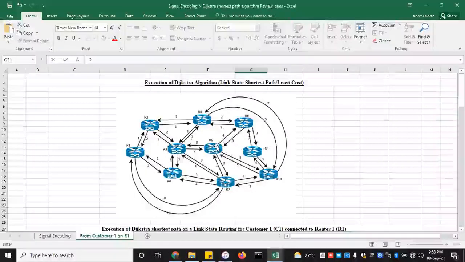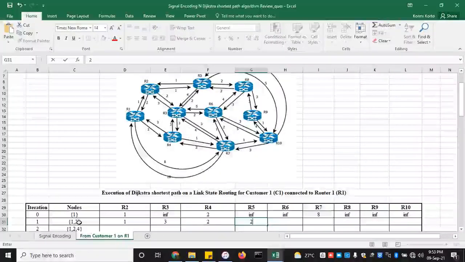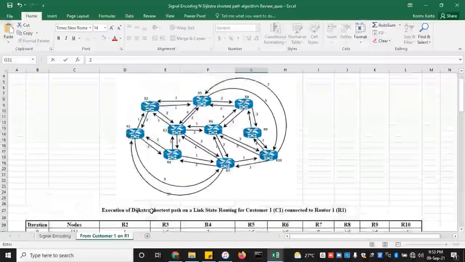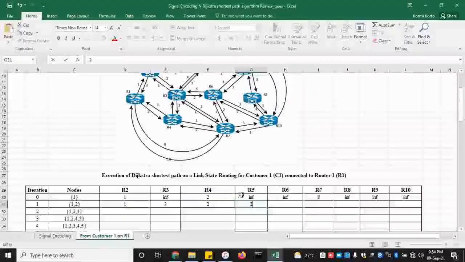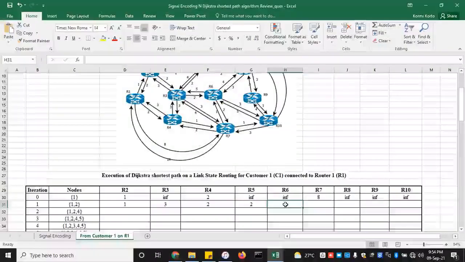And we only have router 1 and 2 to forward a packet to any other nodes within this network. And 6 is not directly connected to either of the 2 nodes in our iteration, so it will still be infinite.